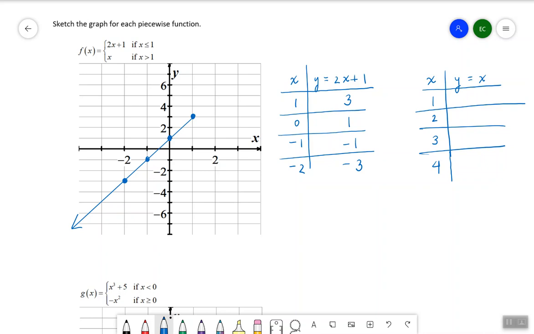So we need to show where that hole is so that we can show all of the points that are right beside it. Okay, so when x is 1, y is 1. When x is 2, y is 2, and so on. And then again, really important for this first point at 1, 1, we need to make sure that we draw a hole there. And then the point at 2, 2, and 3, 3, and 4, 4.